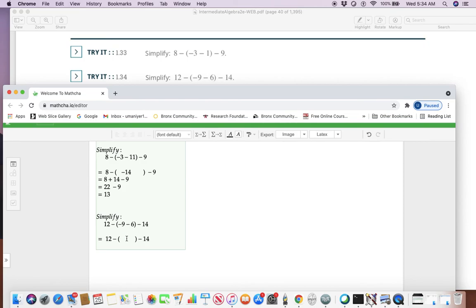Both negatives and you're combining, so it's more negative. 9 and 6, so there are 9 negatives and you have put in more negatives, right? Another way of thinking, you are starting with a negative and you're taking away a positive. Taking away a positive is like adding more negative, right? Now, negative followed by a negative is a positive. Now you go from left to right. 12 plus 15 is 27. 27 minus 14 is 13.